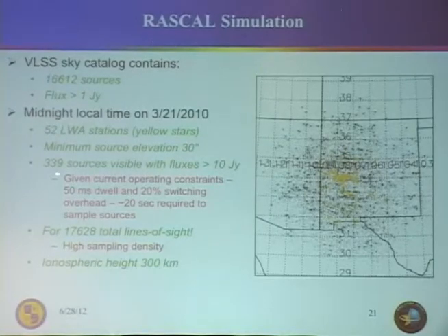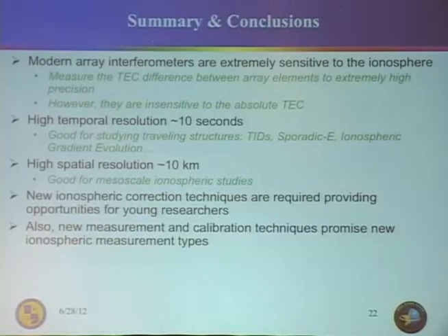You can have a huge number of lines of sight. They're typically working with the VLA sky catalog, or VLSS sky catalog, and it's got 16,000 sources on the sky. So effectively, modern array interferometers are very sensitive to the ionosphere.